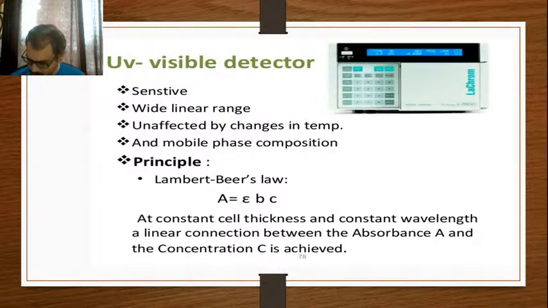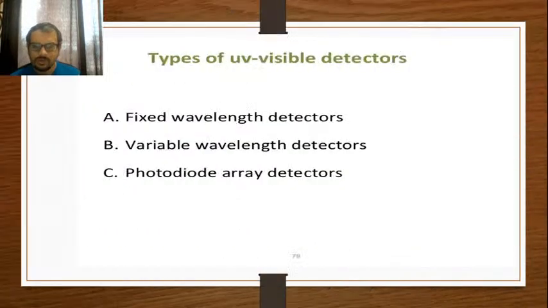Three types. So these three are the types: fixed wavelength, variable wavelength, and photodiode array.